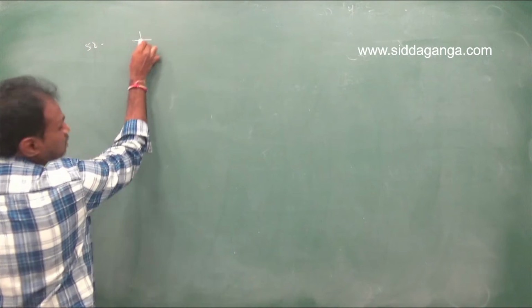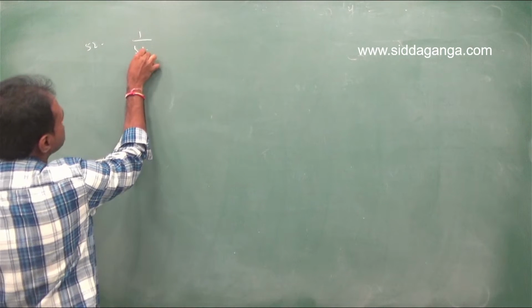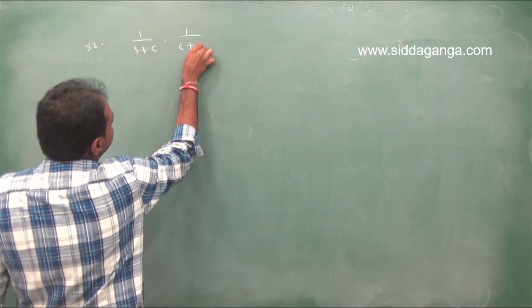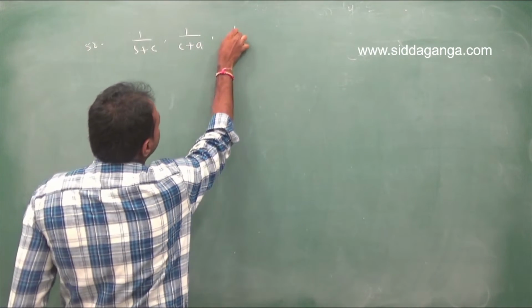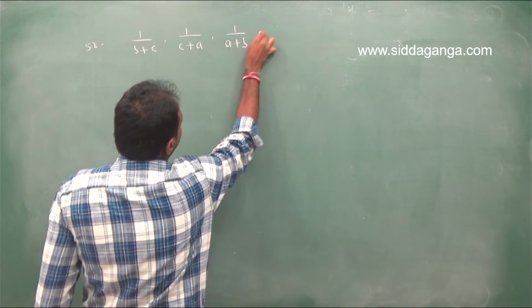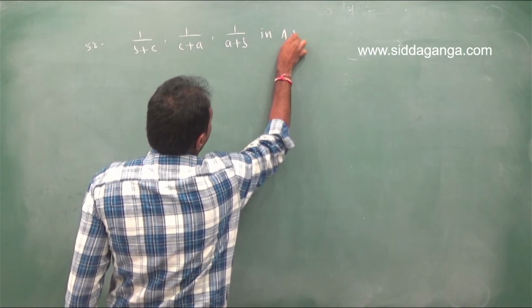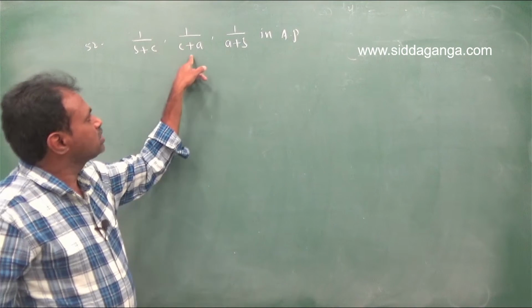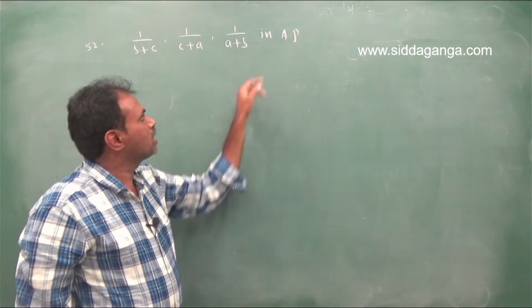1 by b plus c, 1 by c plus a, 1 by a plus b are in AP.